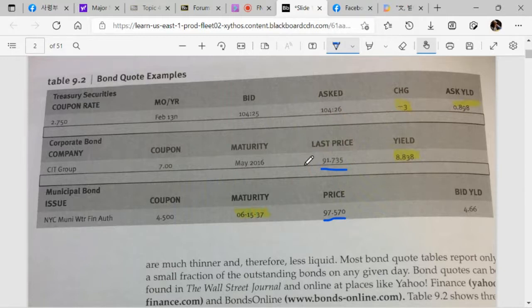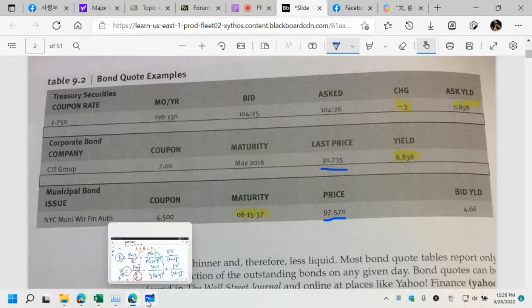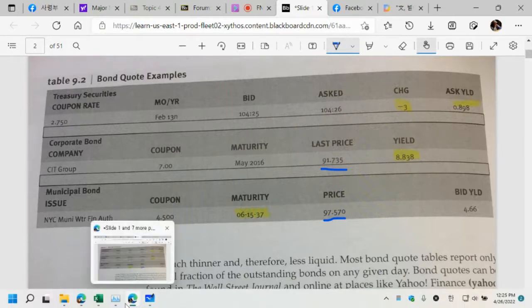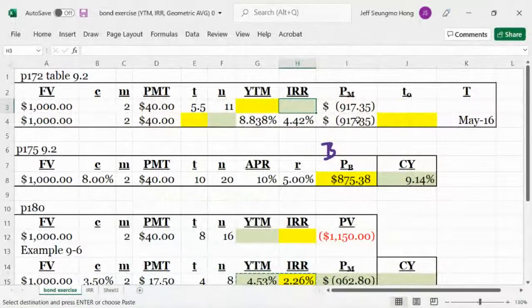How did I get it? I solved for n. So using this corporate bond example, 91.735, right?